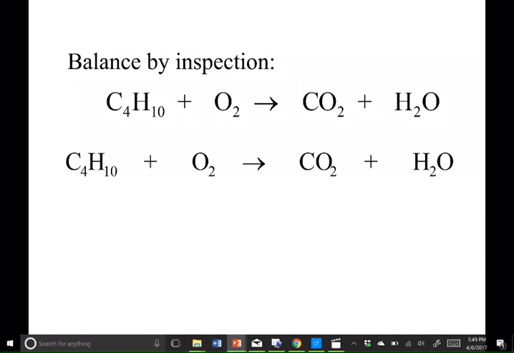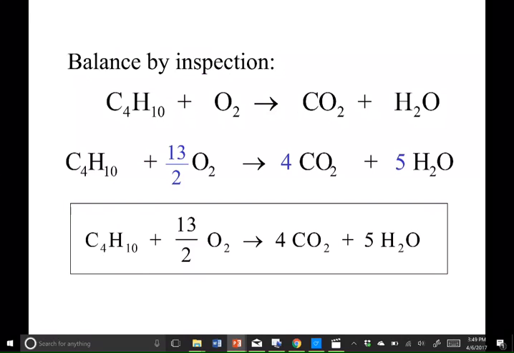So what do you think? What I started to say is that's actually legitimate, but you didn't think you could have a fractional coefficient, and yes, you can. You can't have a fraction of a molecule, but I'm going to tell you in a minute, if you think in terms of moles, you can have a fraction of a mole.